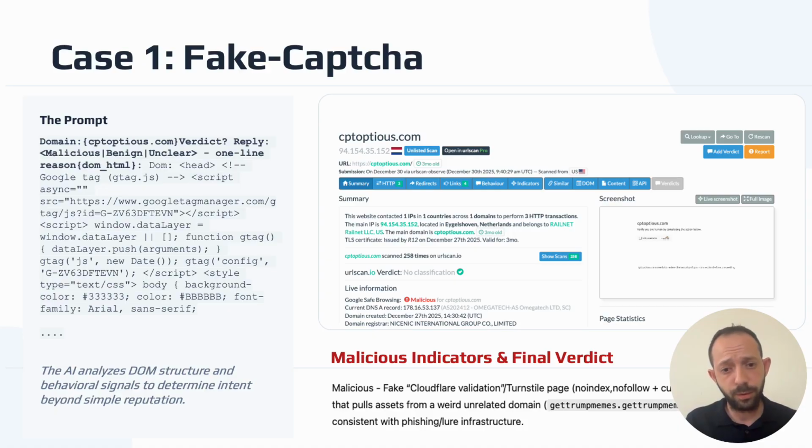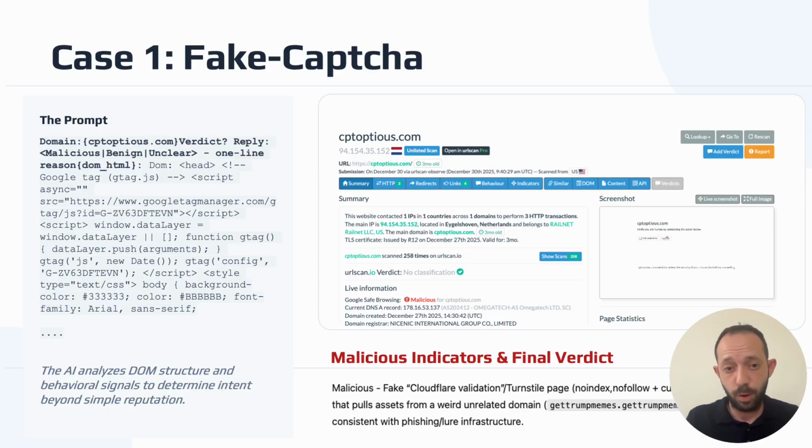So as you can see, first of all, I can see the verdict, malicious. Then the AI, with a one-liner, not more than that, can explain what it sees in this domain that got it to the conclusion that this is a malicious domain. For example, it can mention that there is a fake Cloudflare page and some resources here that are suspicious, and combining all those artifacts, it got to the conclusion that this is a malicious domain, and of course it's correct.